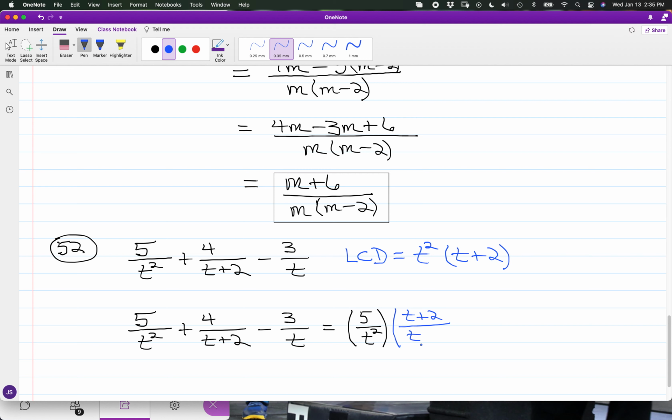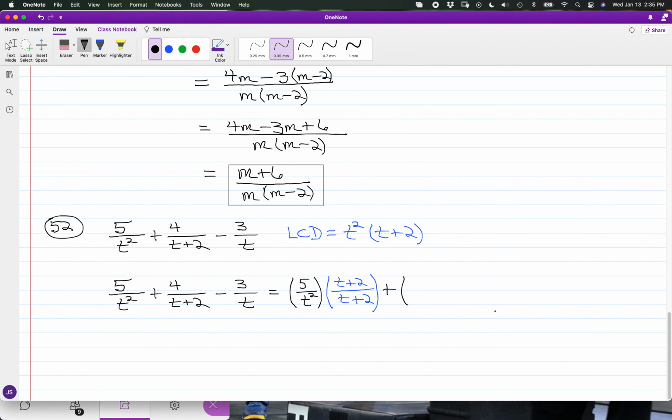So I'm going to multiply by 1 in the form of, once again, the missing factor of t plus 2 divided by itself. And we have next, plus 4 over t plus 2. Okay, so you have the t plus 2 factor, and we have t squared to work with.